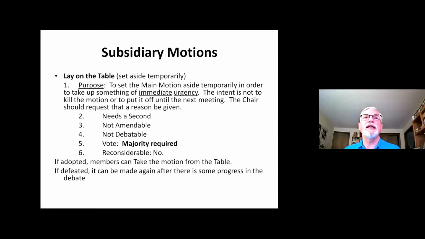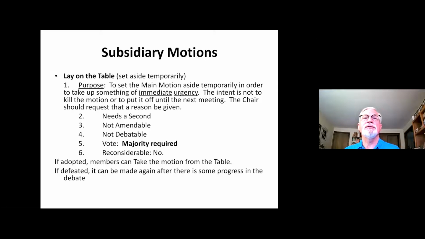Now, laying it on the table for the purposes of board meetings is different than you may be familiar with in Congress or the state legislature or some other local governing authorities. A motion to lay on the table is only a temporary setting aside for that current meeting, because something else should be taken up that has more immediate urgency.